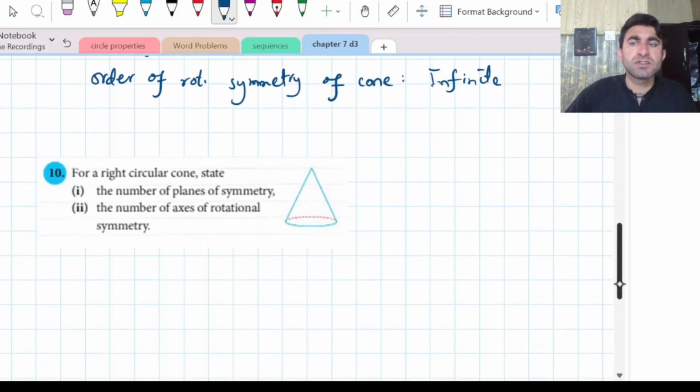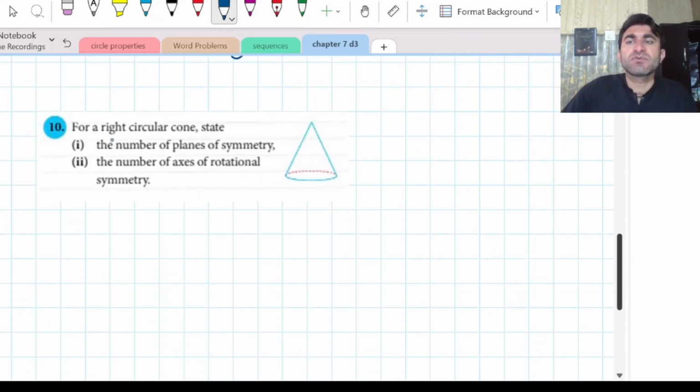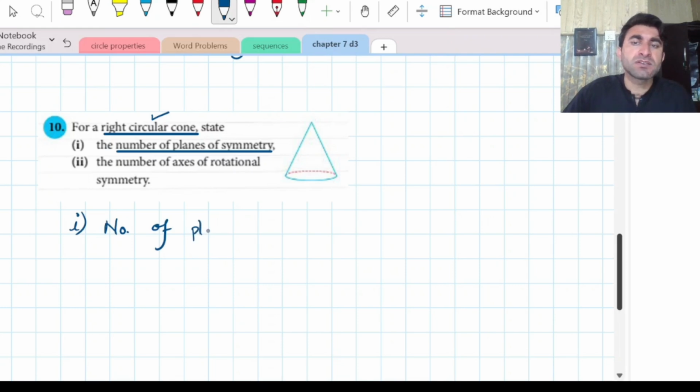Now in question number 10, it states for a right circular cone, state the number of planes of symmetry and the number of axes of rotational symmetry. Again, the number of planes of symmetry depends on the base. And as it is a circular based cone, the number of planes of symmetry is also infinite.